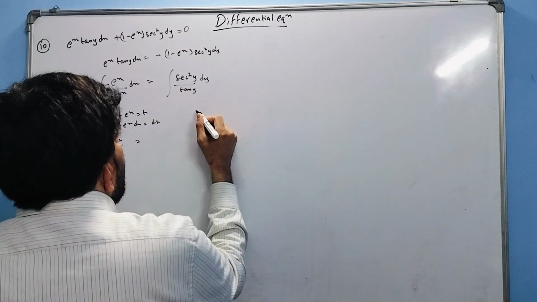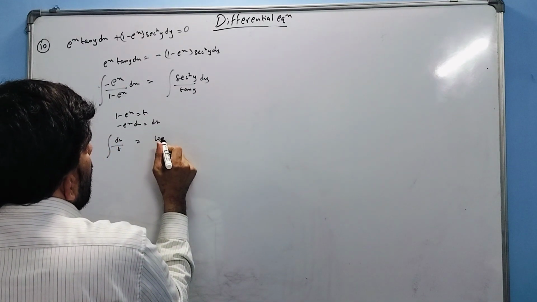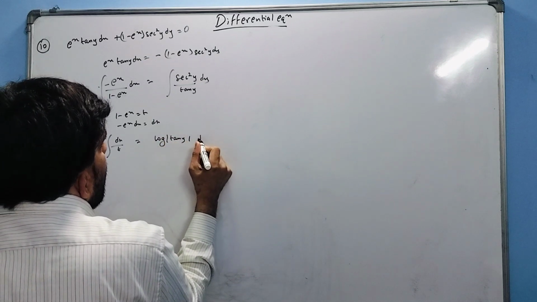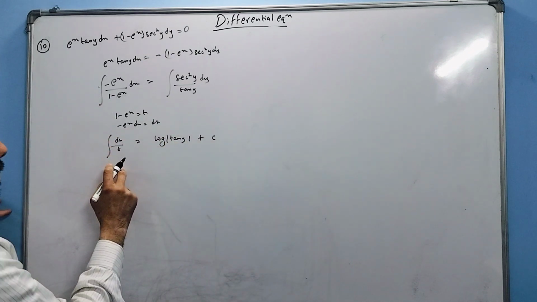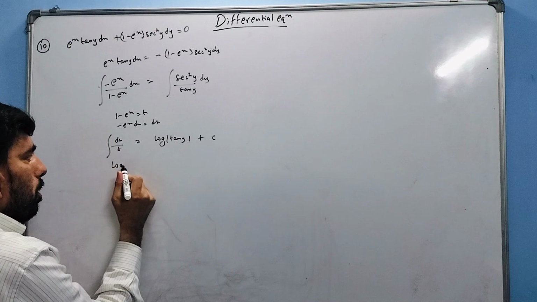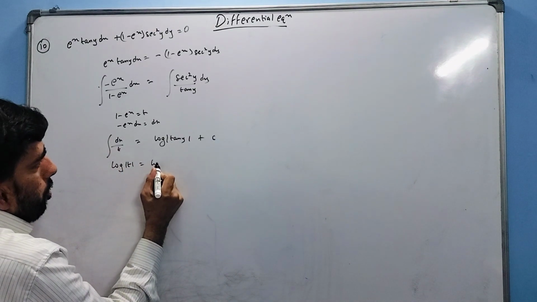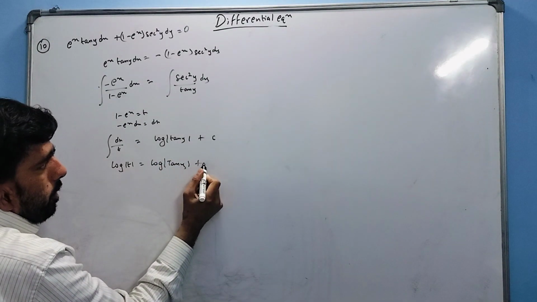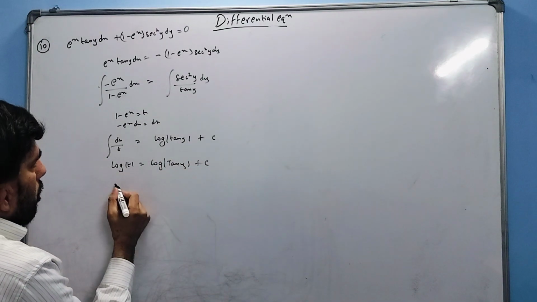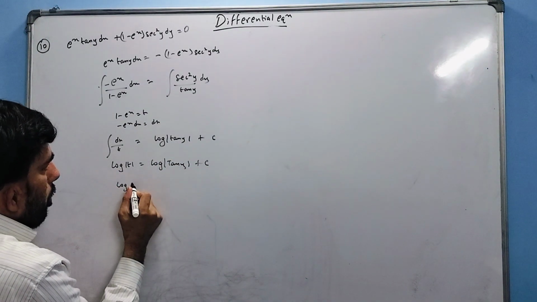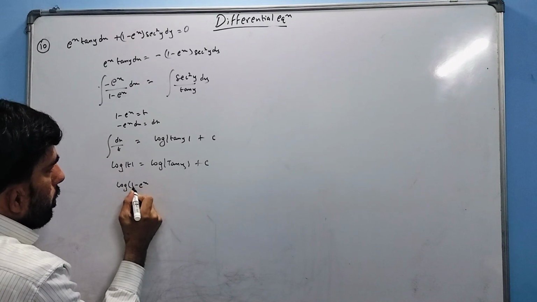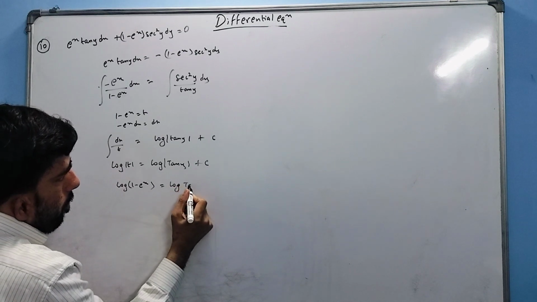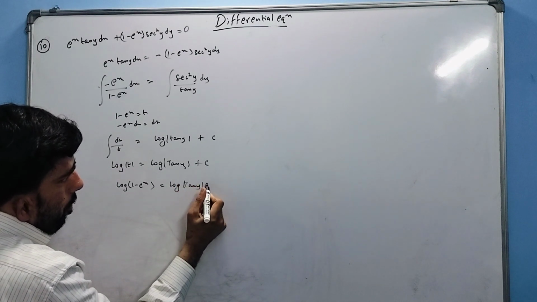So here I can write directly log of tan y plus c, and here 1 upon t, that is log t. Log t is equal to log of tan y plus c. Now t is what? We have log of 1 minus e raised to power x is equal to log of tan y plus c.